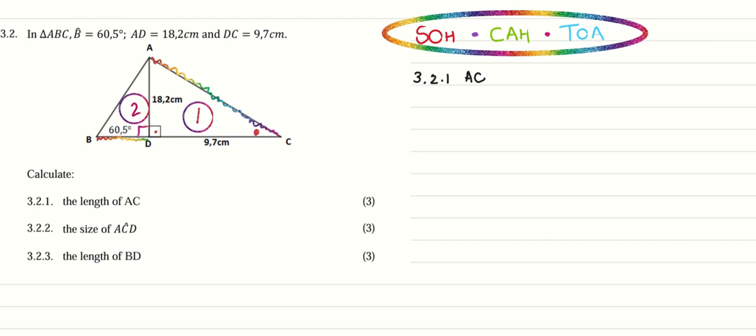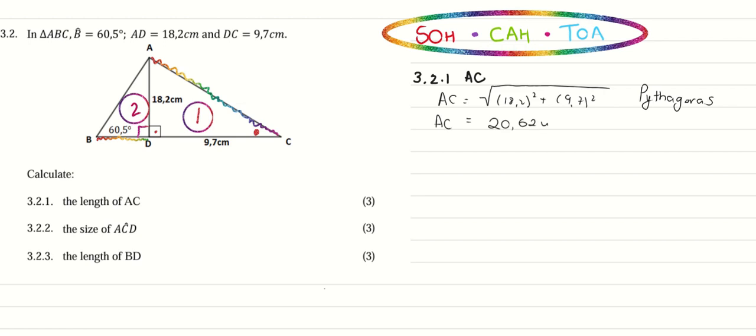And so AC is just a matter of Pythagoras, and therefore AC is going to be the square root of 18.2 squared plus the 9.7 squared. And of course I'm doing this because I am making use of Pythagoras' law. And once you type this in your calculator, you should find that AC is equal to 20.62 units.